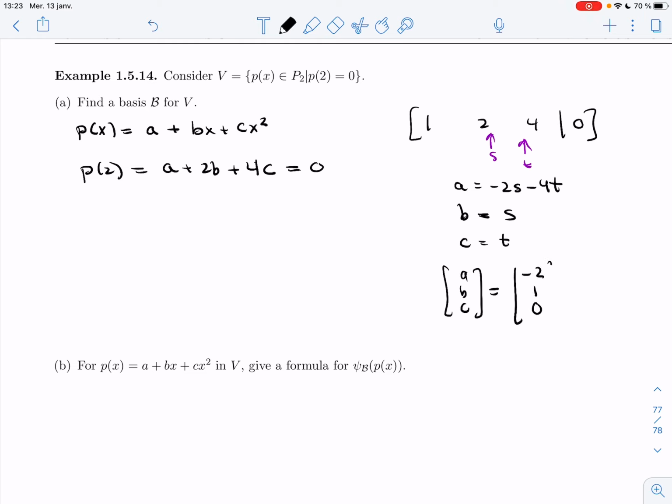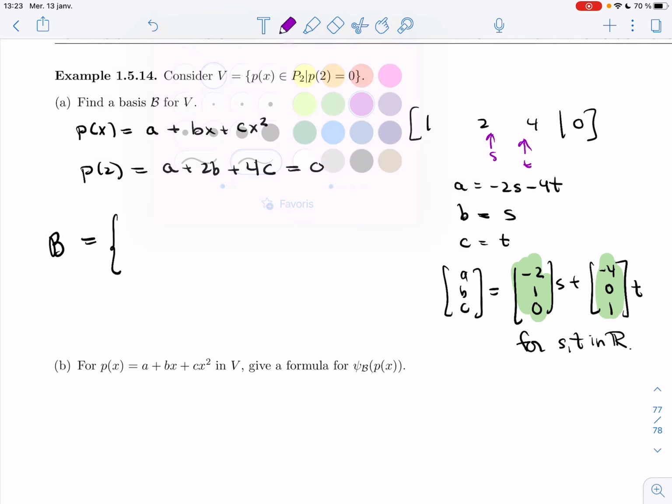equals s times (minus 2, 1, 0) plus t times (minus 4, 0, 1), for s, t in R. Right? Each of these vectors represents a polynomial. I'll translate them back. And so my basis is going to be, the first one I have a equals minus 2, b is 1, c is 0.